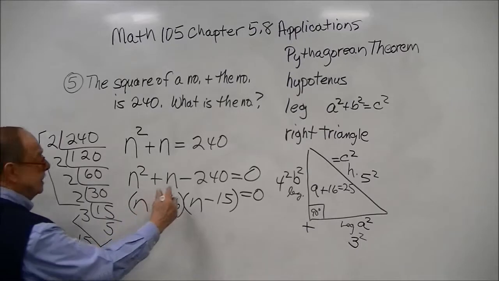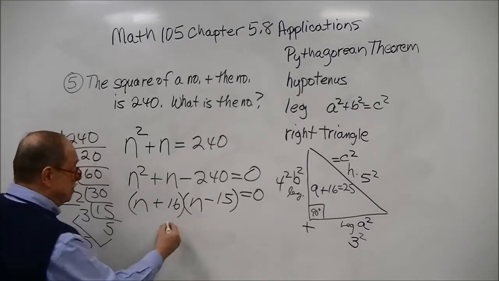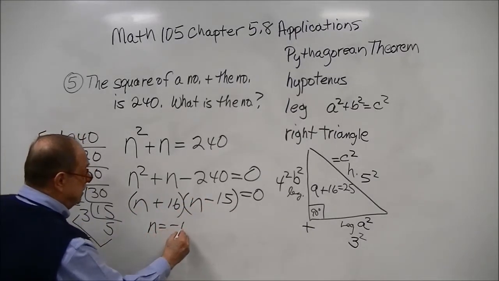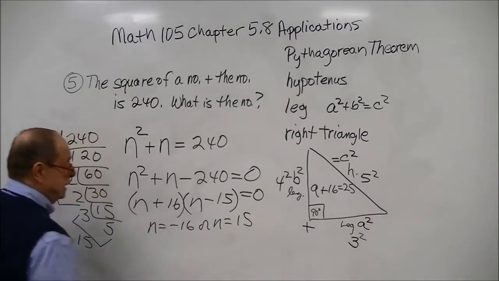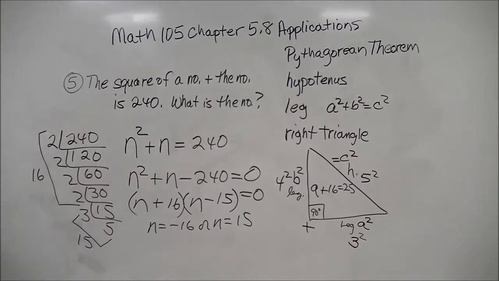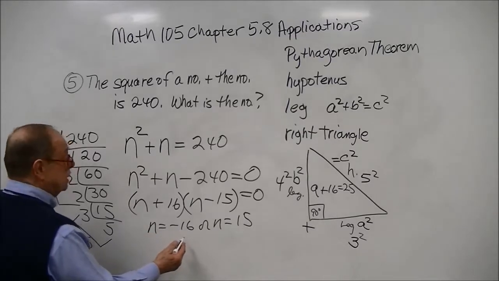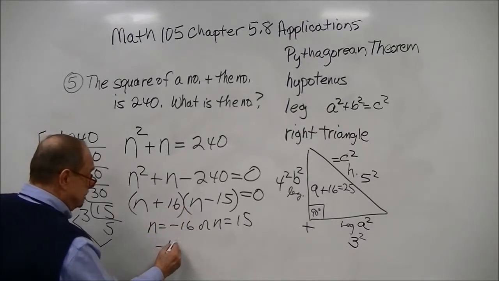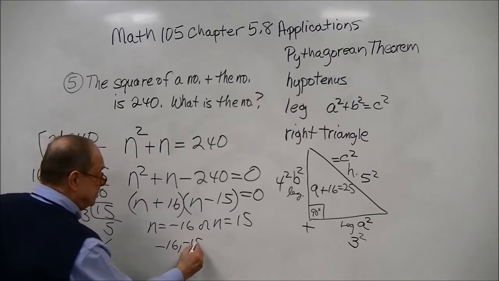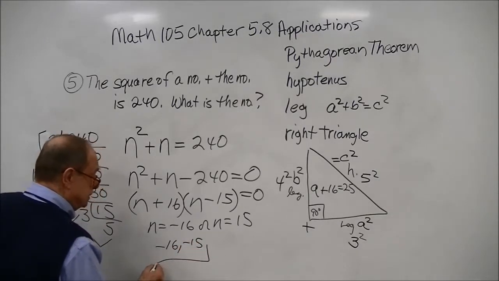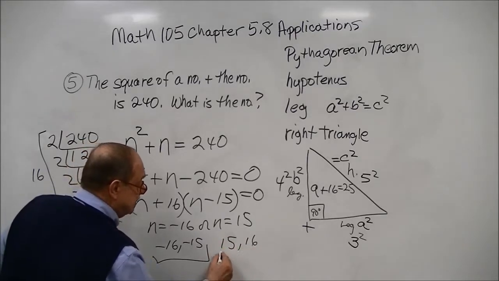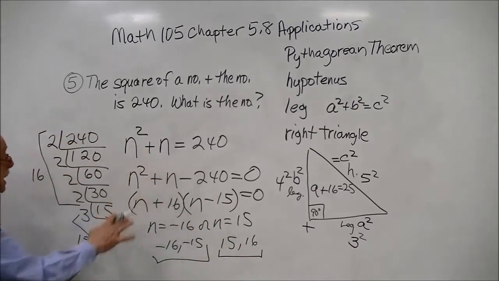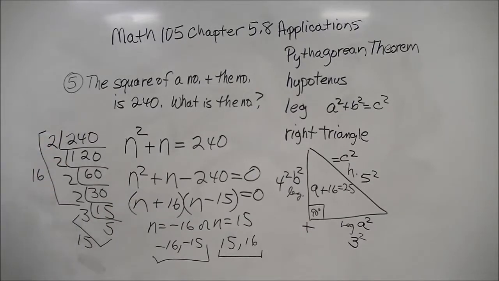And we could go through the steps of equaling each of these, but our numbers are going to be n equals negative 16 or n equals 15. So for this example, your answers are a negative 16 and a negative 15. That's going to be one set of answers. And then it could also be 15 and 16. So these are the answers to number 5.